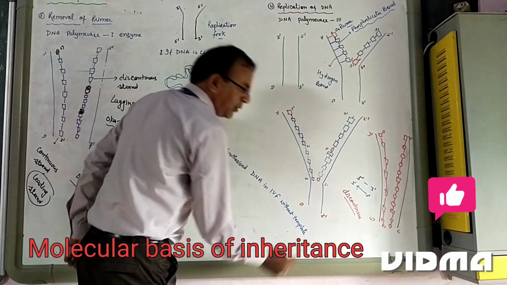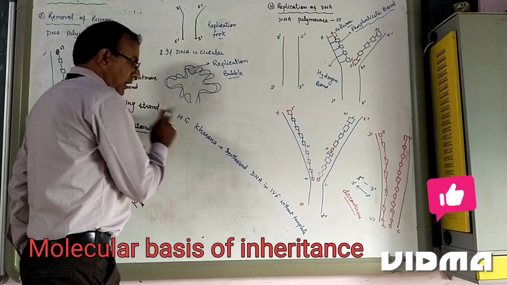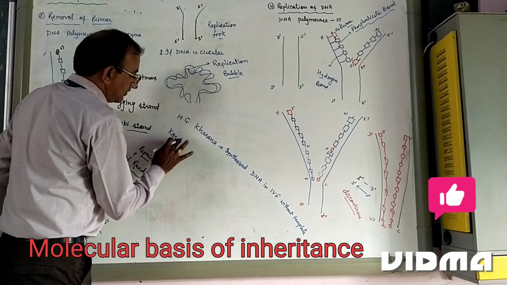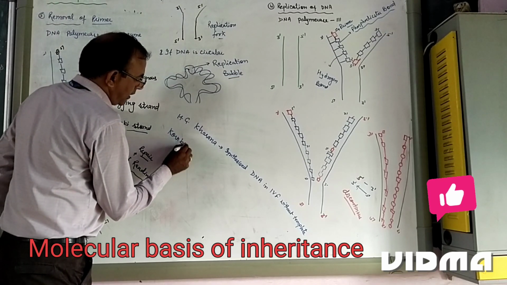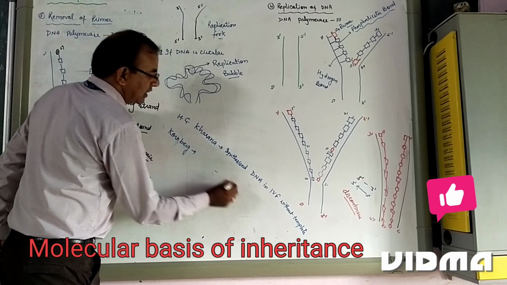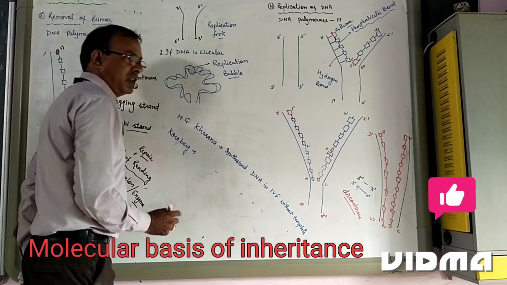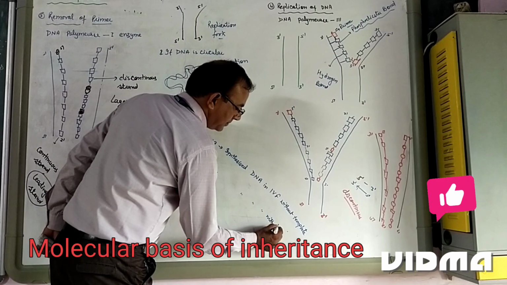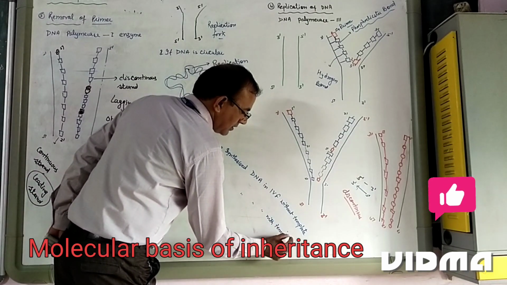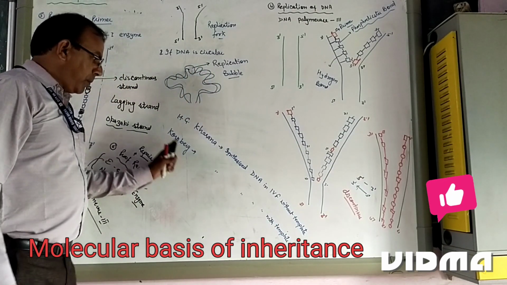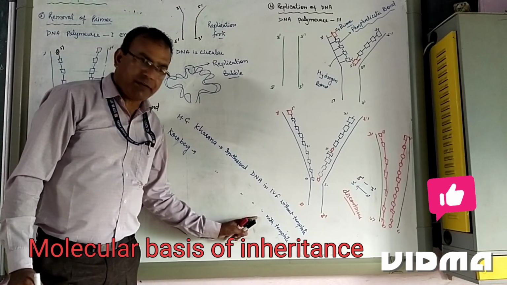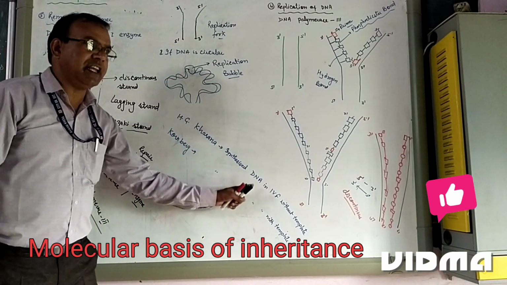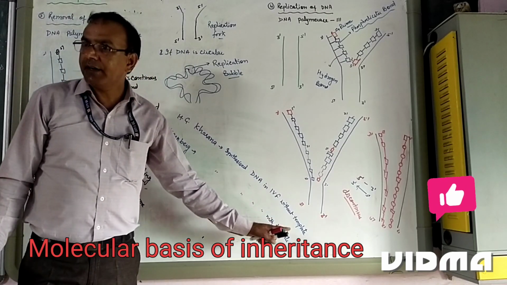It means there is no requirement of a template strand. The second one is Kornberg. He also synthesized DNA in vitro, but with the help of a template. Kornberg synthesized DNA in vitro with a template, and Hargobind Khurana synthesized DNA in vitro without a template.